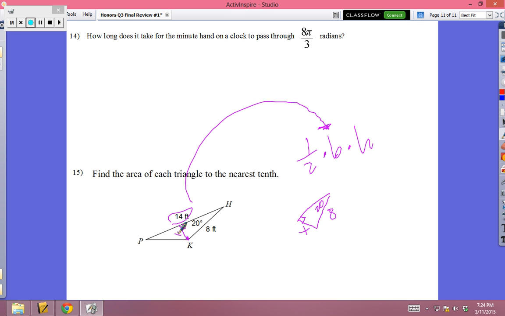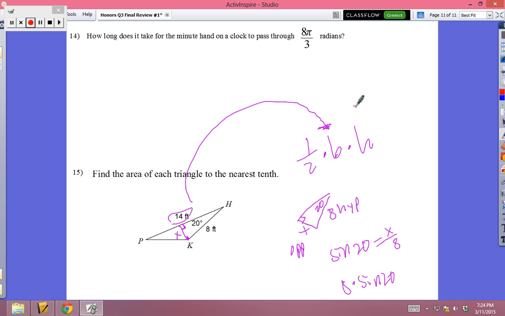I need to know how tall this perpendicular piece is. So I'm going to use trig. And it is always going to be sine, because from the 20, this is the opposite. And there's my 90, so this is my hypotenuse. So the sine of 20 is going to equal x over 8. So if I solve for x, my height is going to equal 8 times the sine of 20.